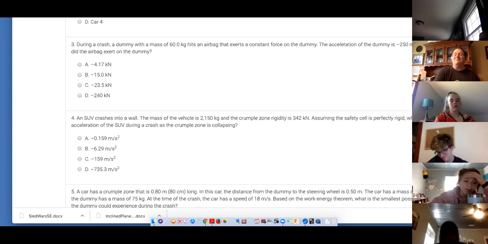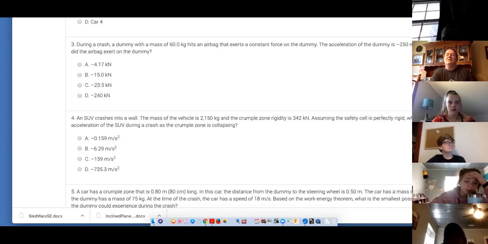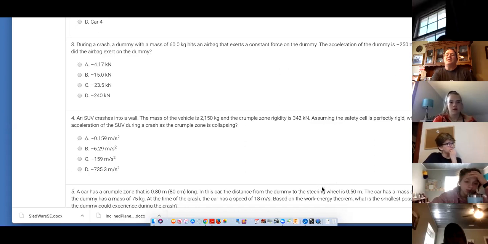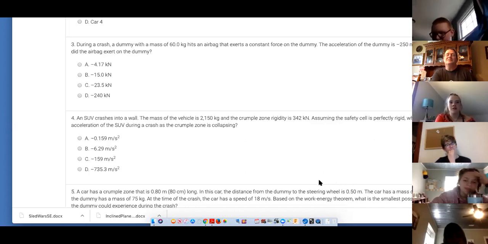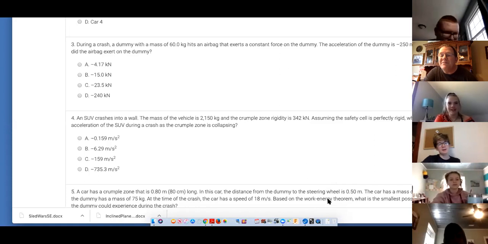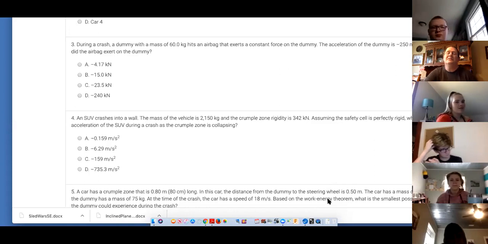Brooke, why is it negative? Because the force is bigger than the mass of the person. Okay. Shayna, why is it negative? Probably because the bigger number is negative.